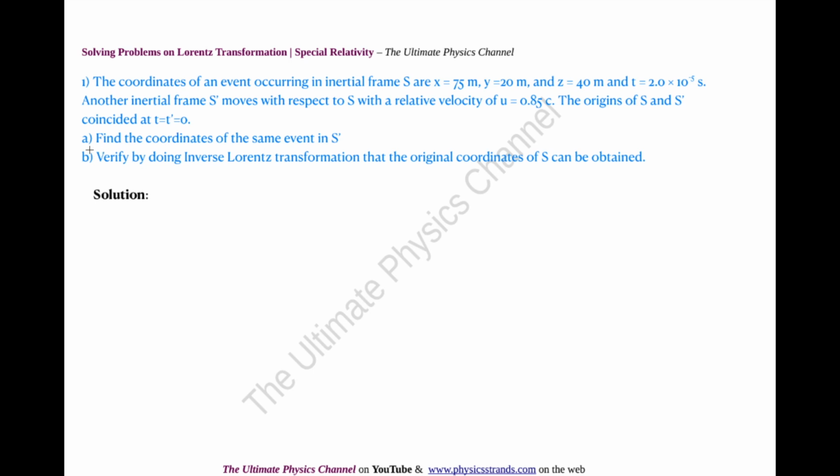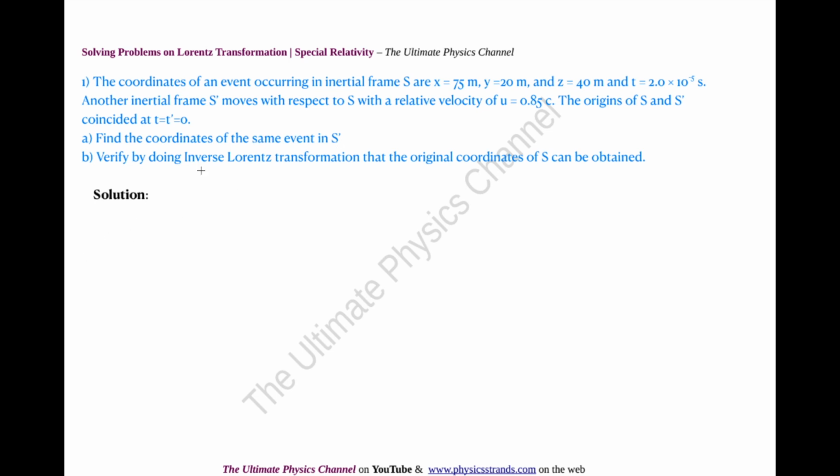Now the first part of this question is to find the coordinates of the same event in S prime, and the second part is to verify by doing inverse Lorentz transformation that the original coordinates of S can be obtained. So the first part is pretty simple. Directly apply the Lorentz transformation equations to get coordinates in S prime.